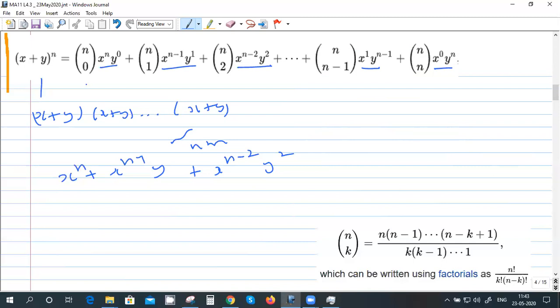The only thing is the coefficients. Right now we just assume this result. This is notation, for example, this is nC2, which is n into n minus 1 divided by 2 into 1. This you will learn later. It's called binomial theorem. Right now just accept it because we need to use this result.